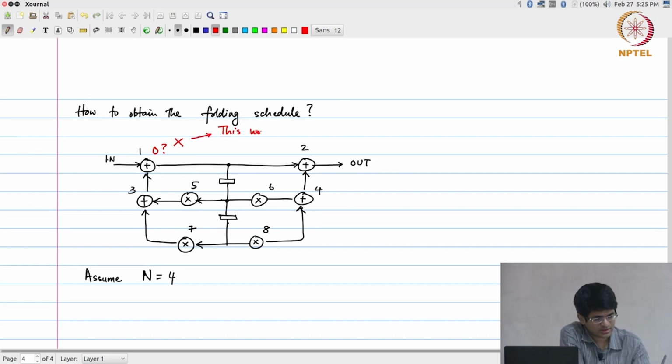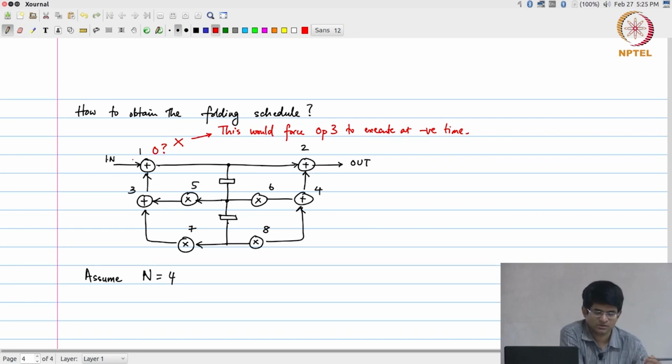This would force operation 3 to execute at negative time. So clearly 0 is not possible. The next question I can ask is, is 1 possible? If operation 1 is to execute at time instant 1, what would that imply for operation 3?